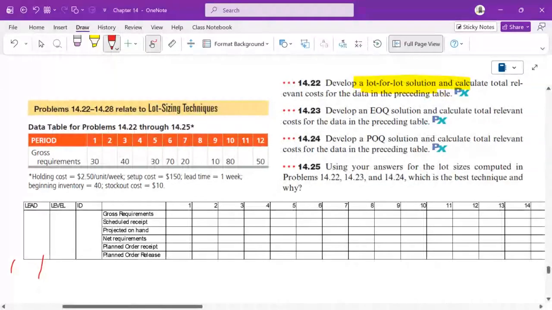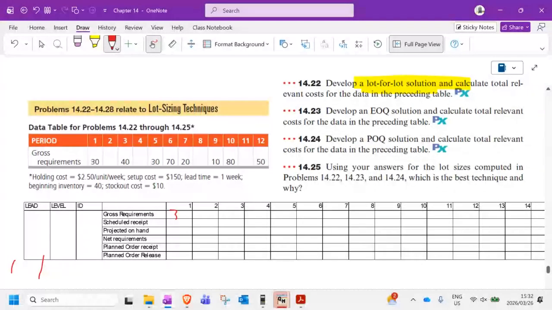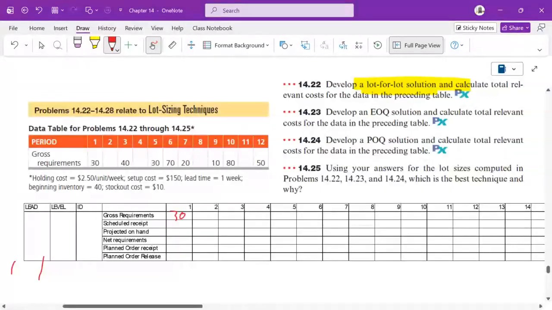Okay, gross requirements is 30. 30, number 3, 40, number 5, 30, number 6, 70, number 7, 20, number 9, 10, number 10, 80, number 12, 50.